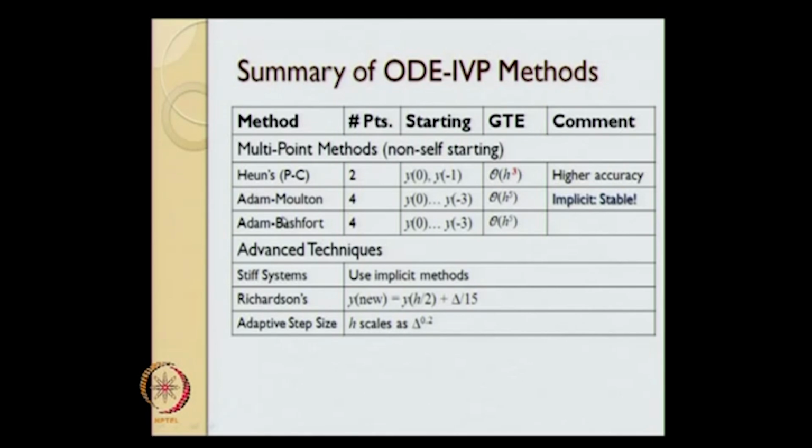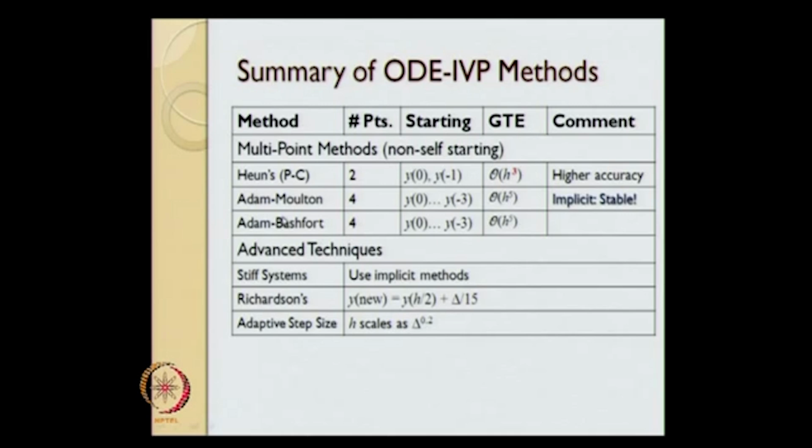You have the choice to use one of the two. In MATLAB we have ODE15s that solves a stiff system of equations. The other thing we talked about is Richardson's extrapolation in order to improve the accuracy. It is the same idea as we covered in the numerical integration section of this course.